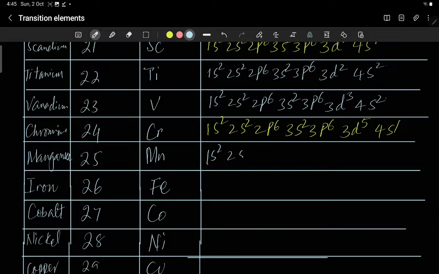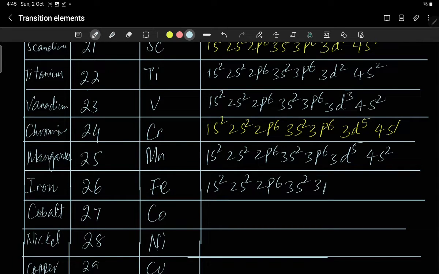Manganese is 1s2, 2s2, 2p6, 3s2, 3p6, 3d5, 4s2. Iron is 1s2, 2s2, 2p6, 3s2, 3p6, 3d6 and 4s2.